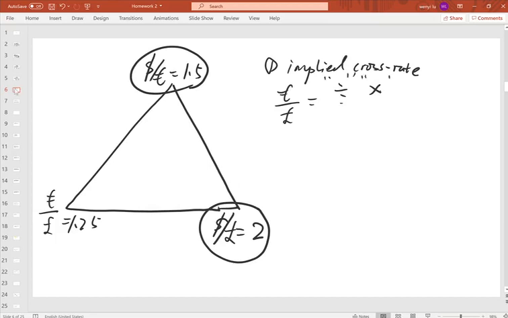Which one? For both quotes, we have the dollar on the top on the same side, so we will use division. Our euro should be on the top and our pound on the bottom, so it should be the dollar over euro, divided by the dollar over what?